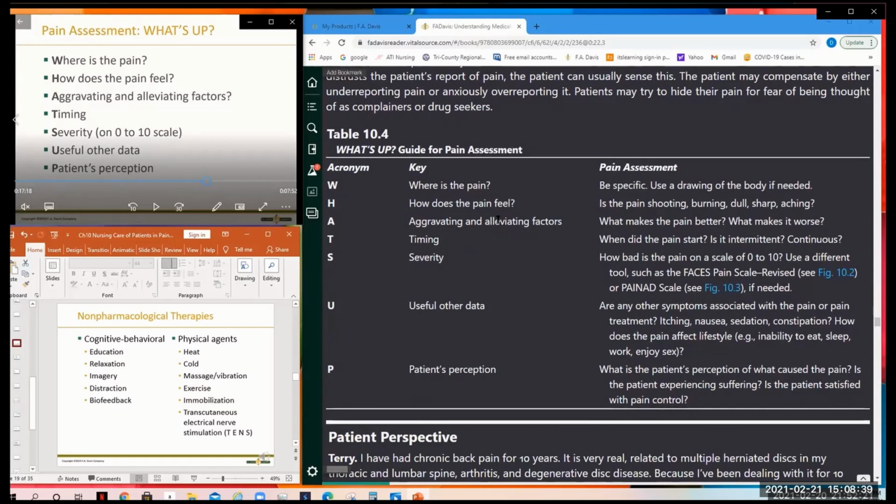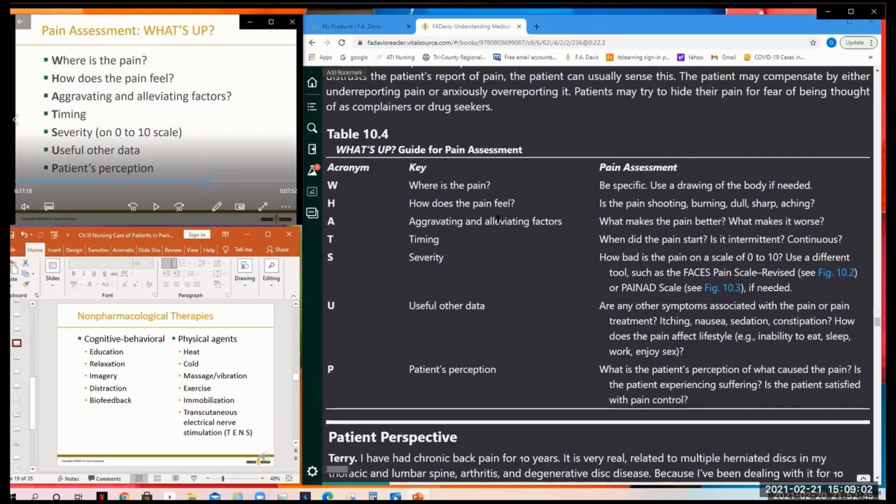U is for useful other data. Are any other symptoms associated with the pain or pain treatment? Itching, nausea, sedation, constipation? How does the pain affect lifestyle? For example, inability to eat, sleep, work, or enjoy sex.